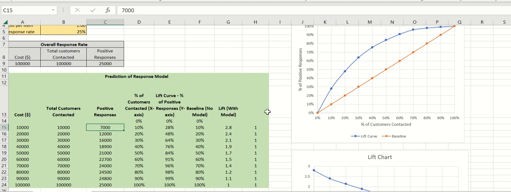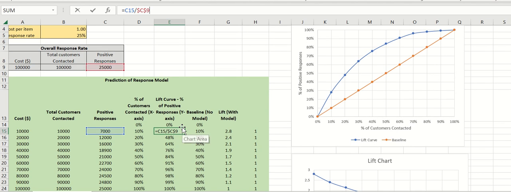And you see these plotted here in the ratios of the percent of positive responses and the percent of customers contacted. So if we expect 2,500 responses from 10% but got 7,000, we can calculate the lift curve, or the percent of positive responses from the model out of the total expected positive.